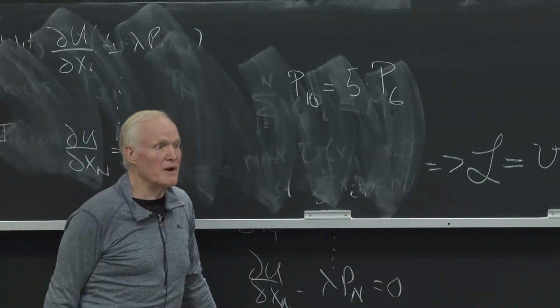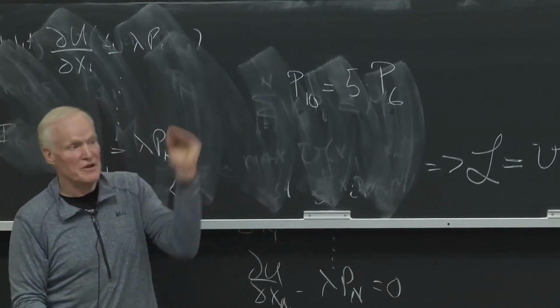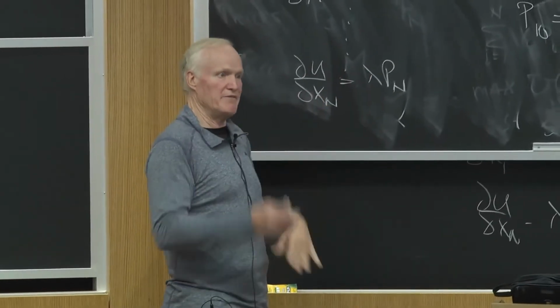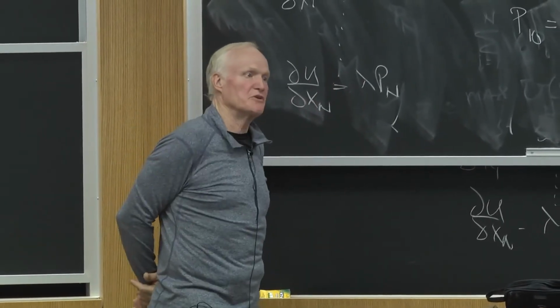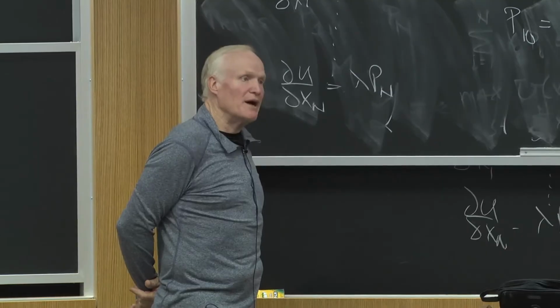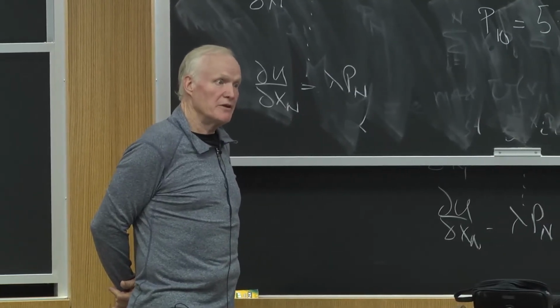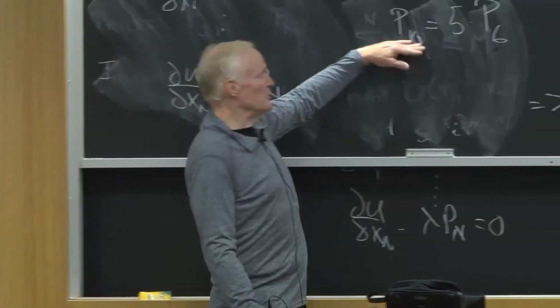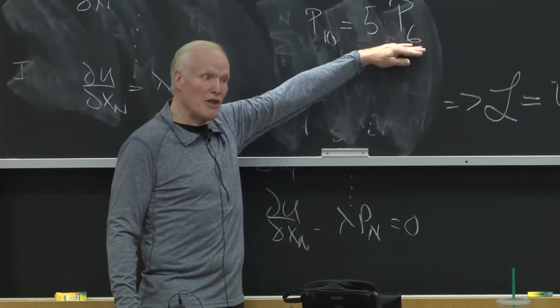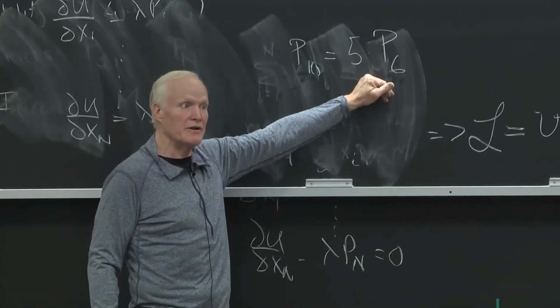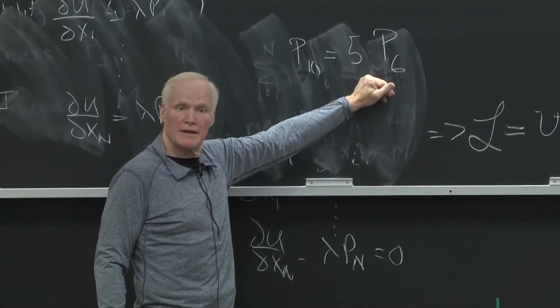Okay. So what if everybody's buying the good and they can buy as much as they want, and they're buying to the point, just like we have here, nice smooth indifference curves and all that, then everybody's value would be 5 times. Everybody would say this good's 5 times as good as that good on the margin. I value this good 5 times as much as I value that good, for all the people that are buying.